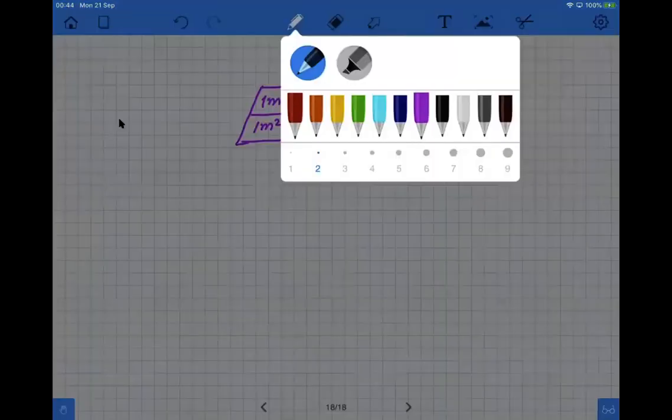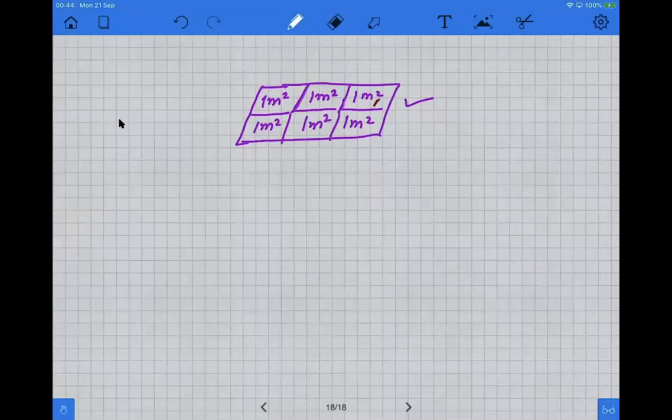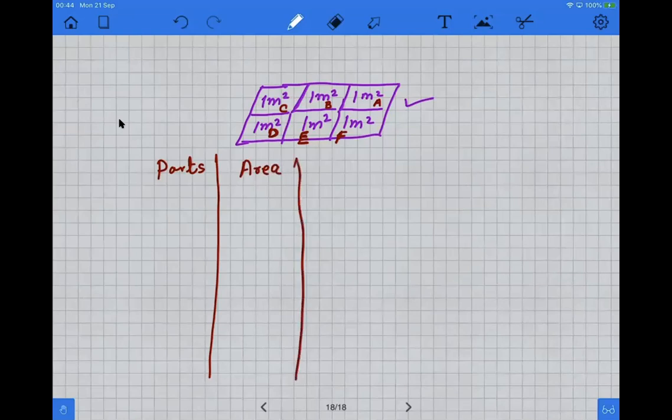Now, if we name these parts of the sheet kept in liquid as A, B, C, D, E, and F, as you increase the area of the sheet, the liquid in contact will also go on to increase. So the parts that we are taking, the area, what will be the force due to liquid, and what would be the pressure.